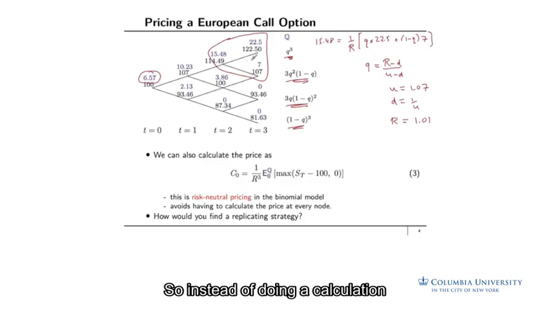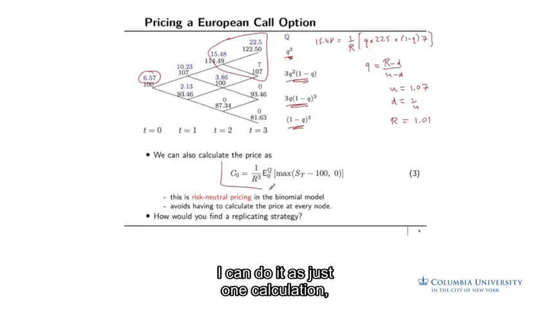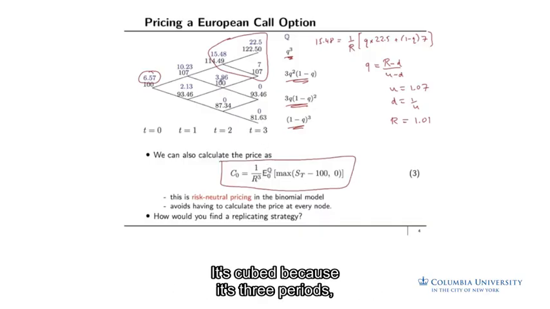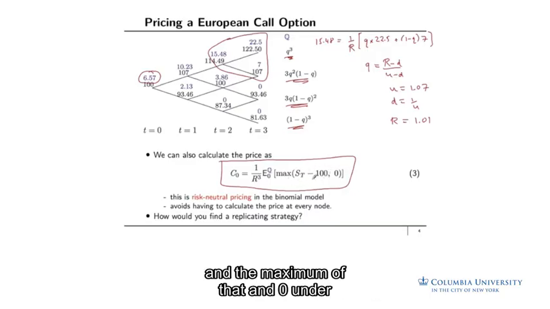So instead of doing a calculation coming back from t equals 3 to t equals 2 to t equals 1 to t equals 0, I can do it as just one calculation, where the call price at time 0, C0, equals 1 over R cubed. So this is our discount factor. It's cubed because there's 3 periods. And it's the expected payoff of the option, which is the maximum of ST minus 100 and 0, under these risk-neutral probabilities here.